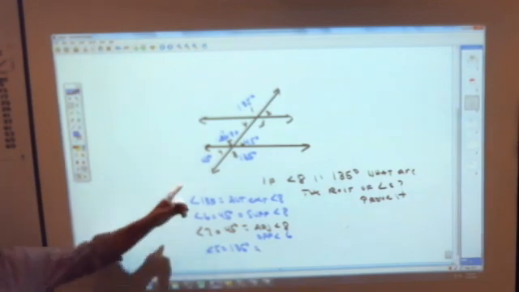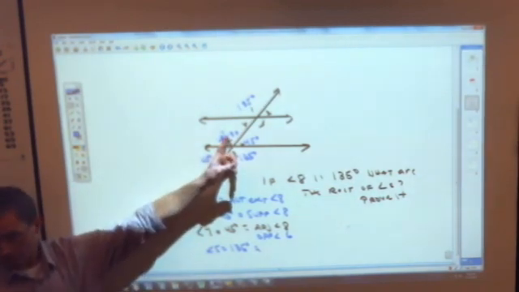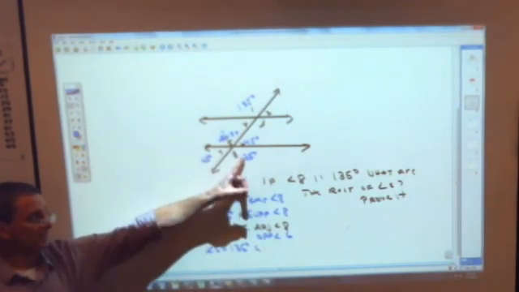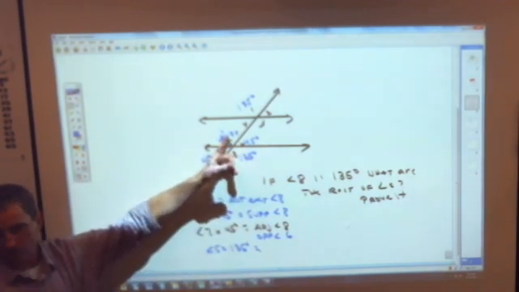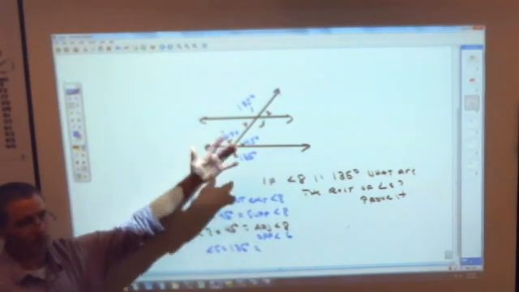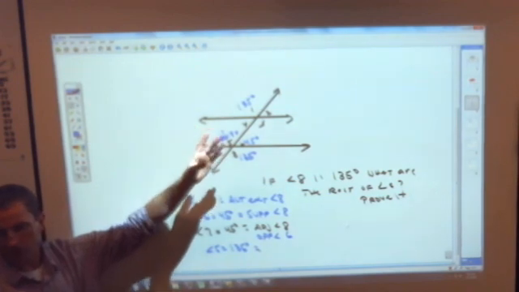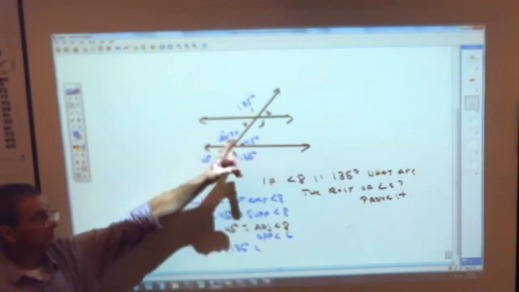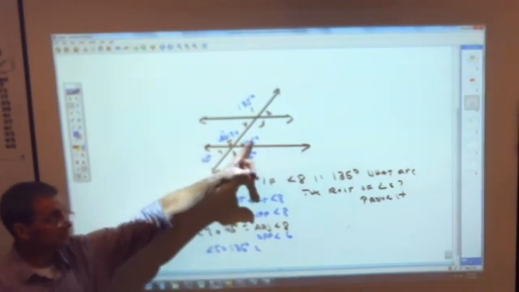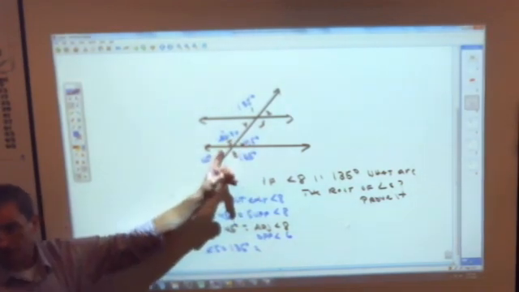What's one reason this is 135 degrees? Because it is, Brady? Opposite of angle 8. Another reason it's 135 degrees is because, actually you could give me 3 more reasons. Brady? It's adjacent to angle 6, and it's also adjacent to angle 7. That could be another reason.